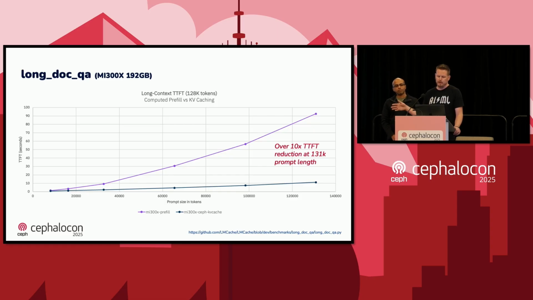And we grew the context length further out to 130K, and we were able to see a speed up of over 10x in terms of reducing the time to first token by pulling it from storage. So that really flat, nice line at the bottom is the amount of time that it takes to get the first token when we're pulling cache blocks up from this 2U storage system, as opposed to computationally doing them with the accelerators.